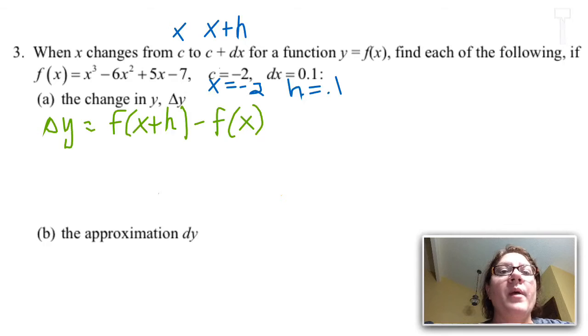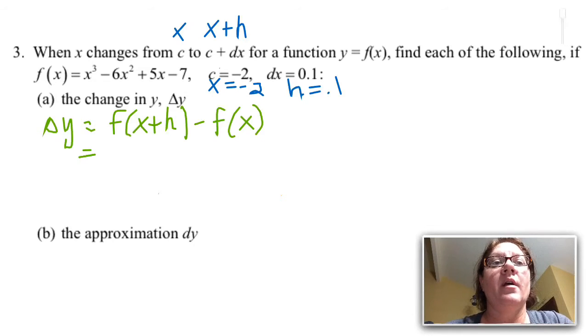So remember, my delta y is the difference in the two y values. And so now, in order to find this, I'm doing f of -2 plus 0.1 minus f of -2.